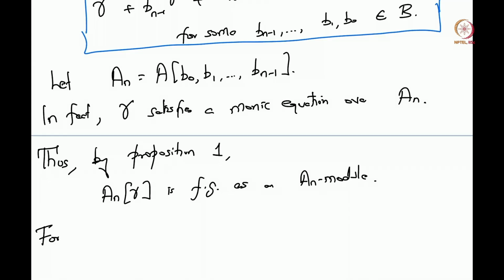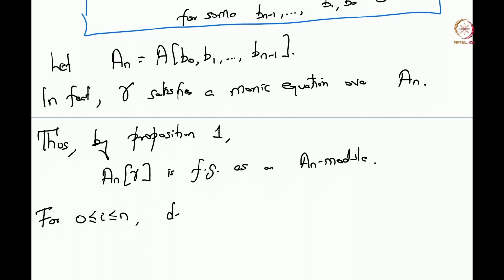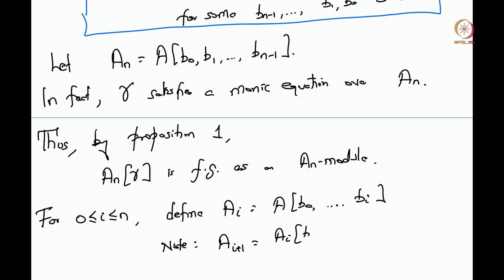And now I just want to define some rings. So I define A_i to be A adjoin b_0 all the way up to b_i. And just note, what that means is that A_{i+1} is A_i adjoin b_{i+1}.